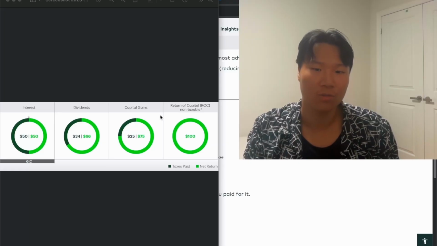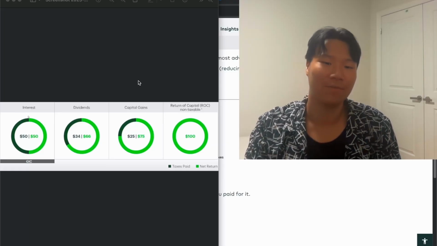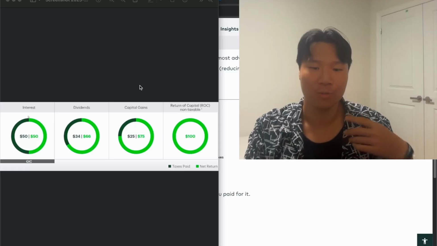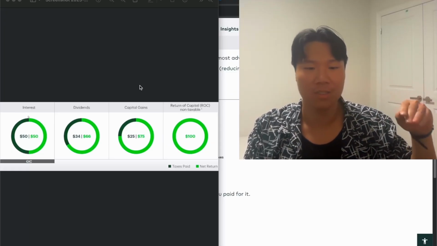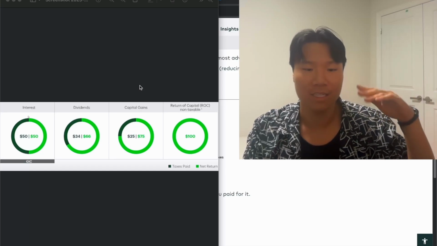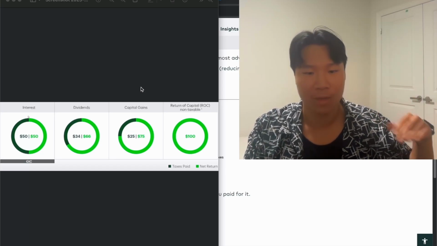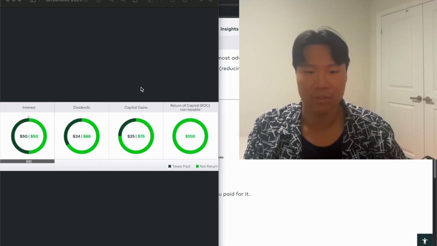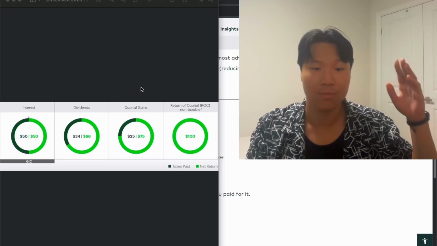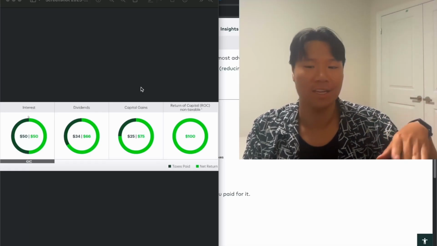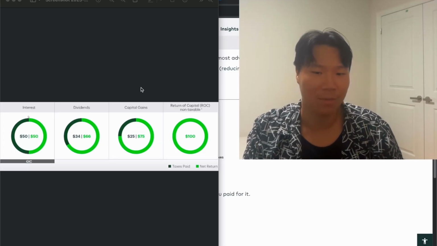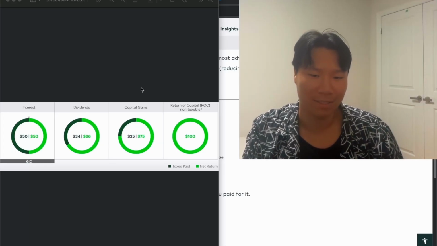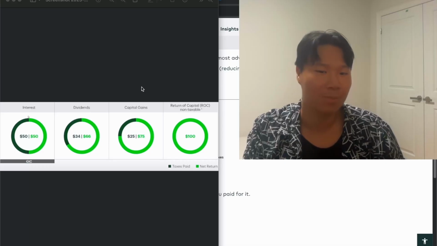Oh, I also forgot to mention that for return of capital, you remember that your adjusted cost basis, your book cost, is lowered with every ROC payment, right? And so once it reaches zero, it can go negative, of course. And so then the income would be just capital gains, which is the next best option.